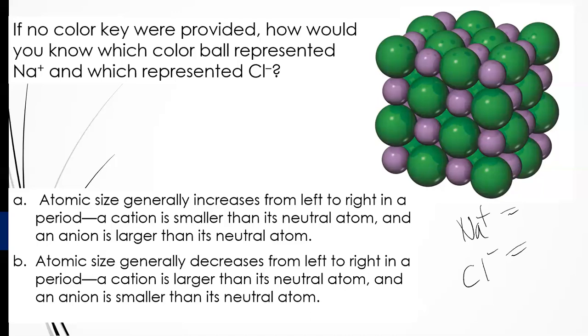And an anion is going to be larger because it's picking up electrons. So if we look at our colors, green should be our chloride, and purple should be our sodium, because the smaller one is going to be our positive, and the larger one is going to be our negative.